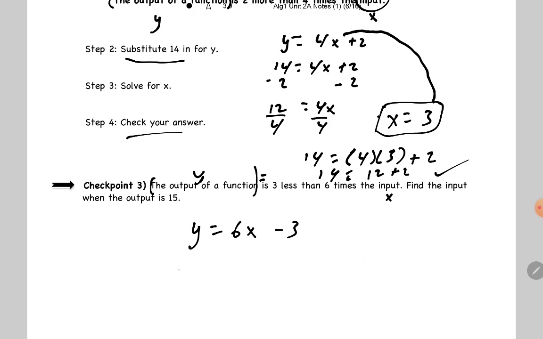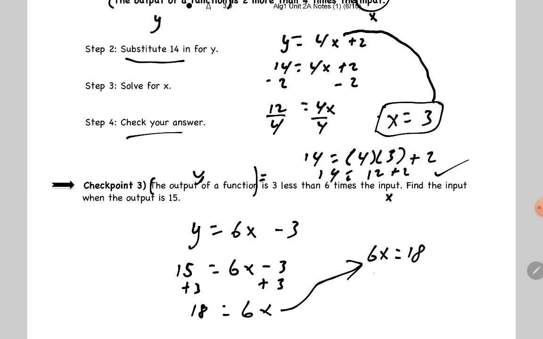Now we know that the output is 15. So 15 equals 6x minus 3. We're going to add 3 to both sides. 18 equals 6x. I'm going to rewrite it really quick. You don't have to have x on the left, I just like it being on the left. x equals 3.